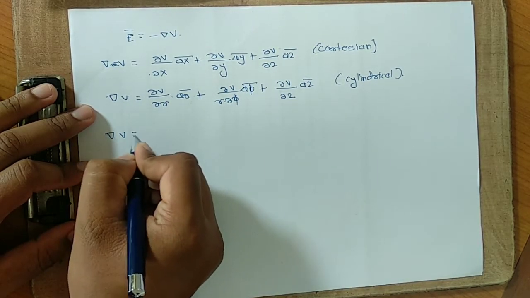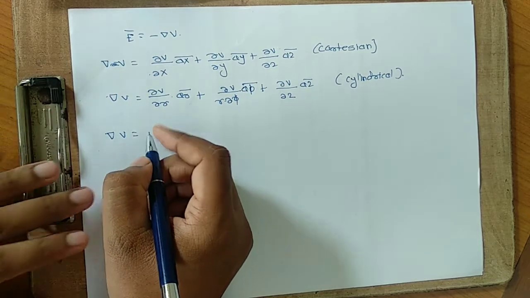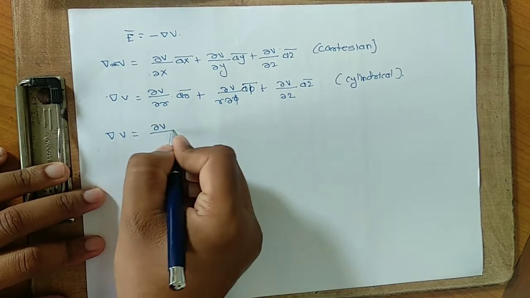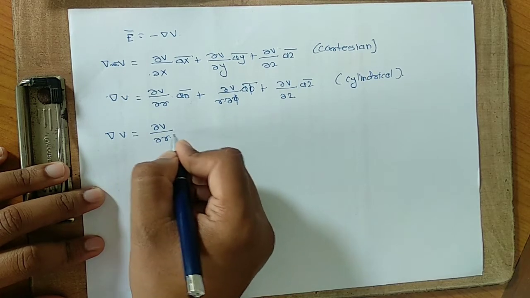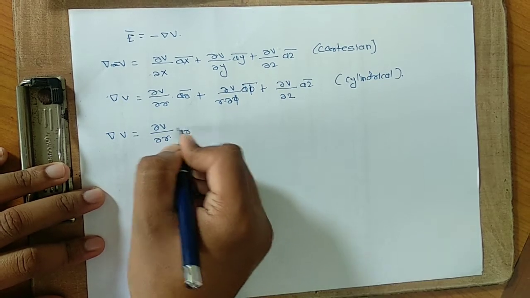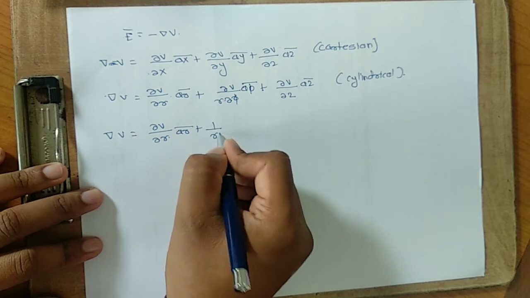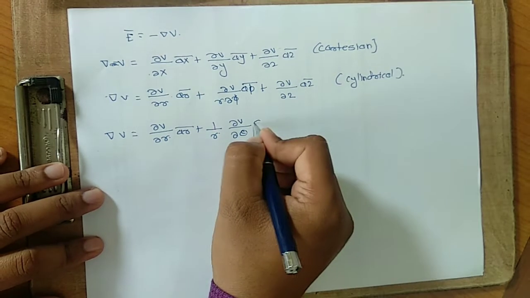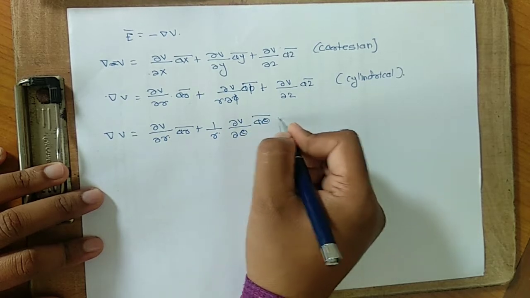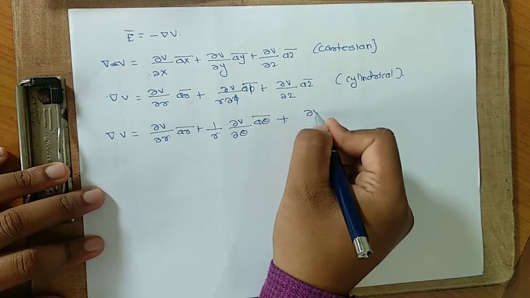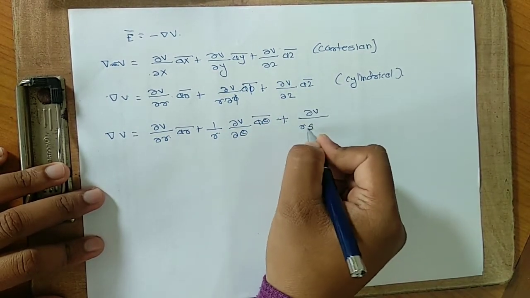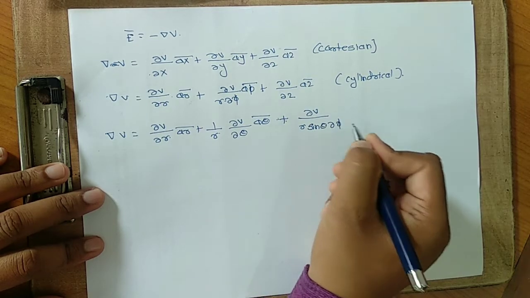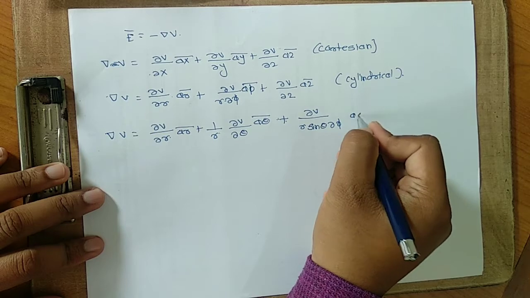Next is del V for the spherical coordinate system. It is ∂V/∂r ar bar plus (1/r) ∂V/∂θ θ bar, plus (1/(r sin θ)) ∂V/∂φ φ bar.